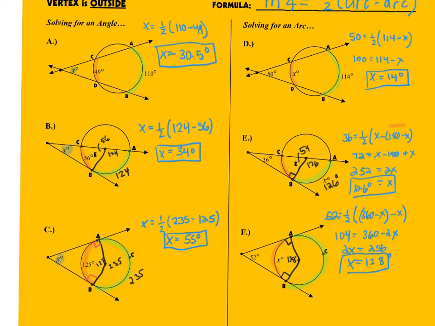So I could get this answer just by using triangle sum. If the interior angles add up to 180, then 180 minus the 90 minus this 36 would leave us with 54. So I could do this problem without even looking at the new formula.